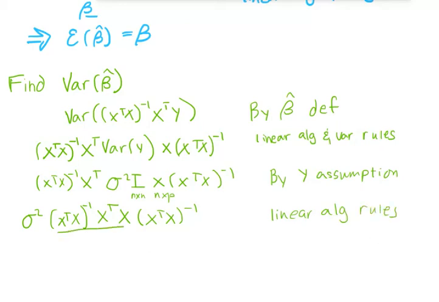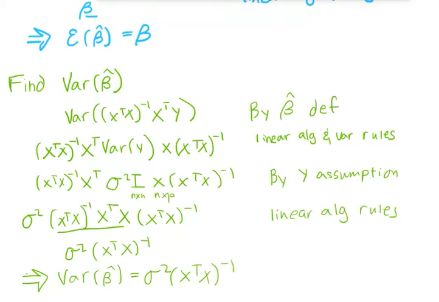Then this becomes an identity matrix itself, and again, an identity matrix times another matrix is just the second matrix. So we have sigma squared times (X transpose X) inverse. We can't simplify it anymore. So we have that the variance of beta hat is equal to sigma squared (X transpose X) inverse.